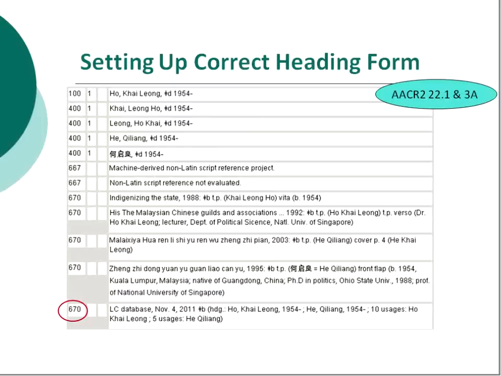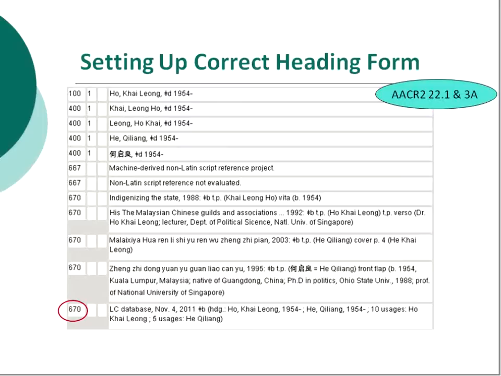But if you have a case like what's showing on this screenshot, what do you do? Let's take a look and follow the little hand pointer on this record. In the first several 670s, as you browse, you see the author has used various forms of his name in his publication.